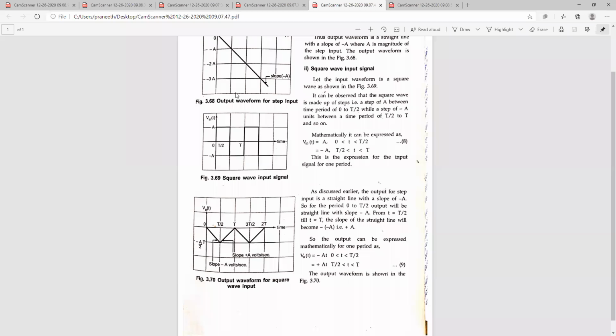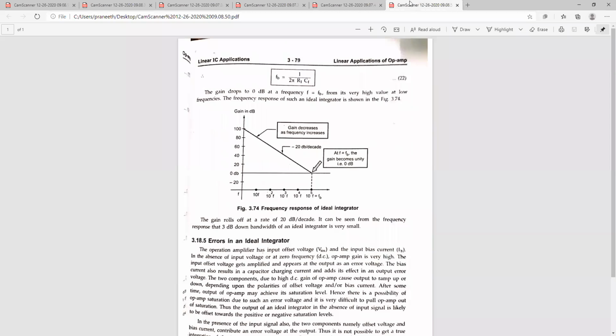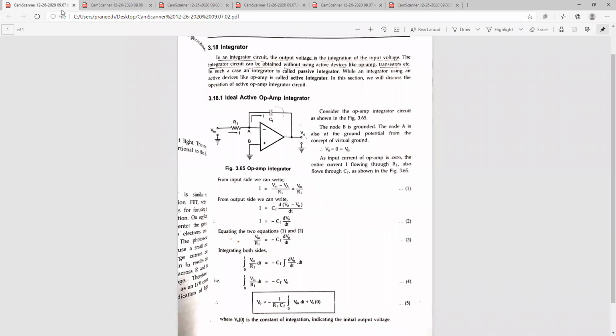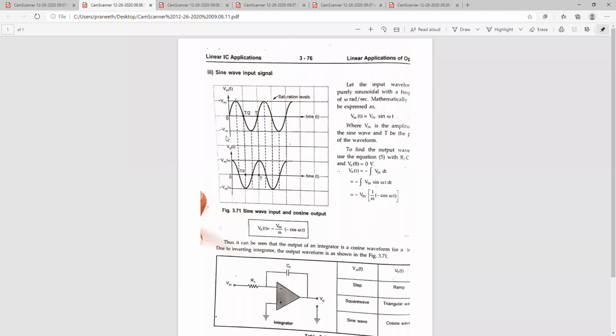So for step input I have got ramp, for square wave I have got triangular wave. Now look at, let us say for sine wave, what is the possible output that I am going to get? Obviously, for sine wave my input voltage is, let it be some Vin equals Vm sine omega t.